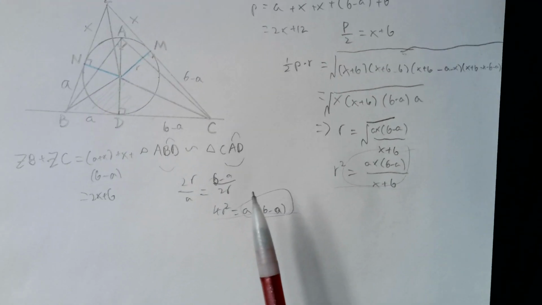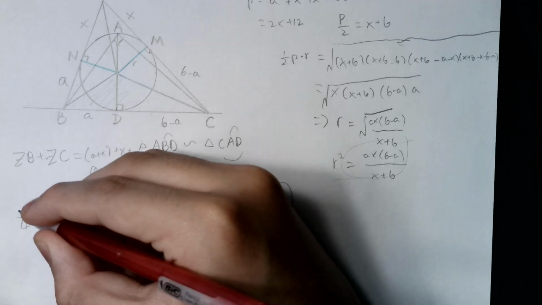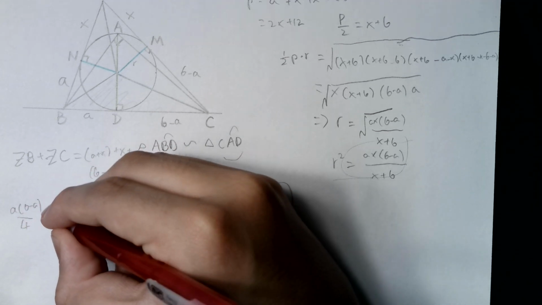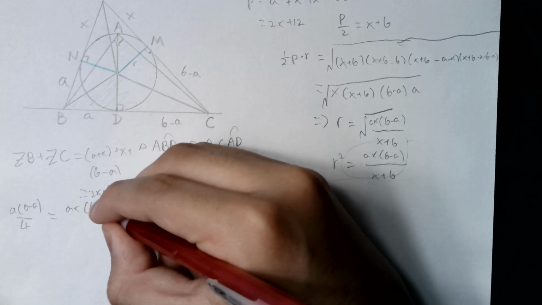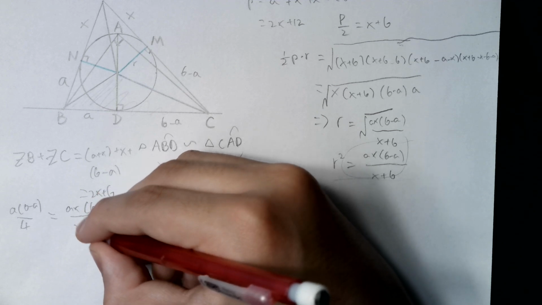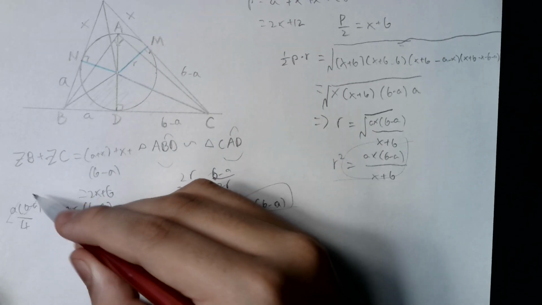So this is how we receive 4 underneath 6 minus a, and this is going to be equal to ax times 6 minus a divided by x plus 6. And from here, we need to remove the 6 minus a from both sides and the a.